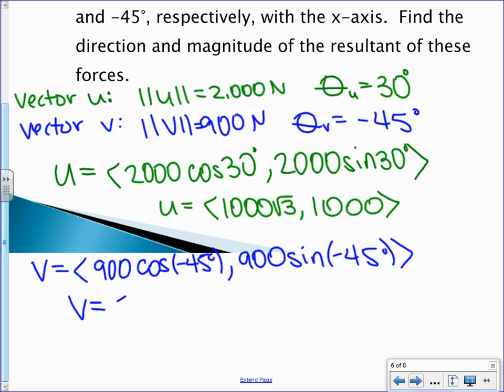What is the cosine of negative 45? A positive radical 2 over 2. Multiplied by 900 would be 450 radical 2. Okay. What about the sine of negative 45? Negative radical 2 over 2. Multiplied by 900 would be negative 450 radical 2.